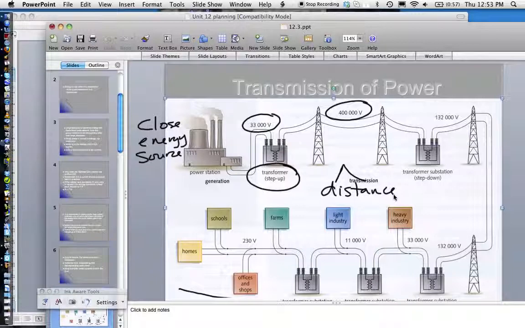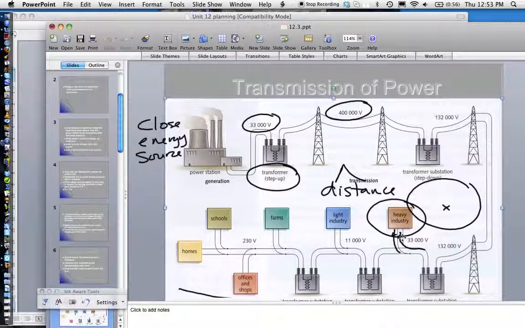Then as it comes in to the city, so now you're coming into the outskirts of the city, you would get on your outskirts, quite far away, your heavy industry, and you would have a step down transformer to provide them with reasonably high voltage.